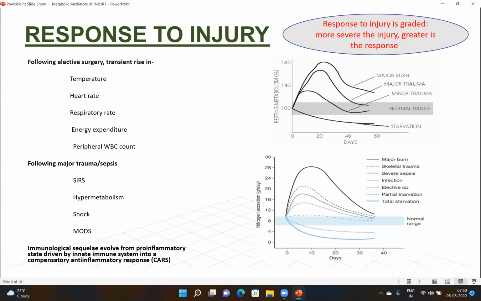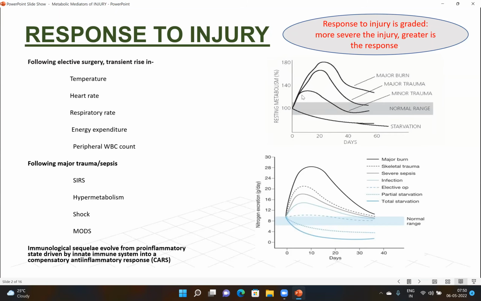the rises are accentuated, and it leads to SIRS, systemic inflammatory response syndrome, hypermetabolism and catabolism, shock, MODS, that is multiple organ dysfunction syndrome. Immunological sequelae may also evolve from a pro-inflammatory state driven by the innate immune system into a compensatory anti-inflammatory response.